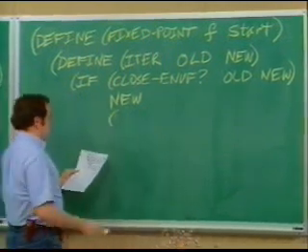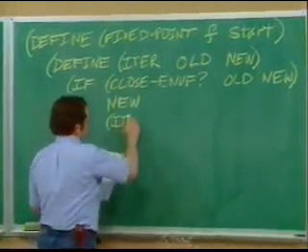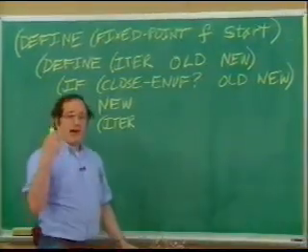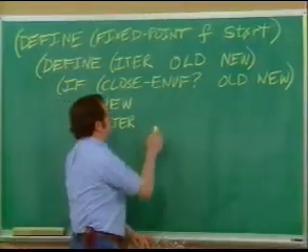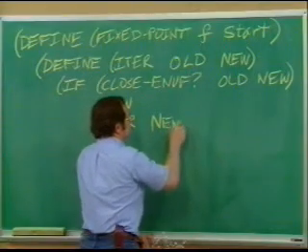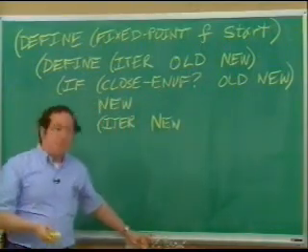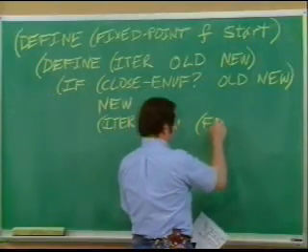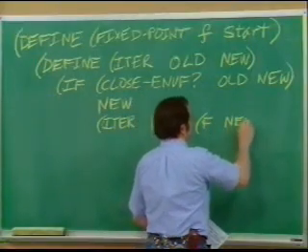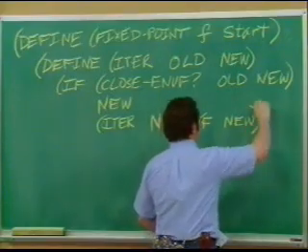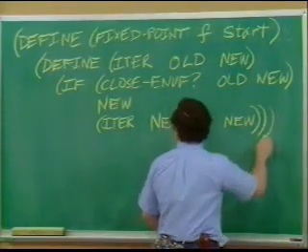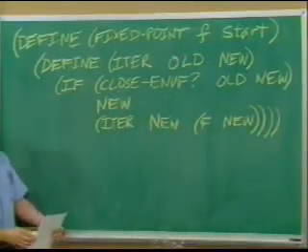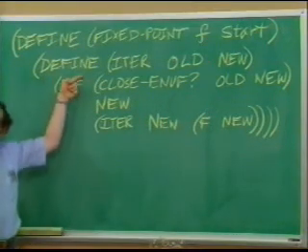Otherwise, I'm going to iterate around again with the next value of old being the current value of new, and the next value of new being the result of calling f on new. And so this is my iteration loop that pushes the button on the calculator.